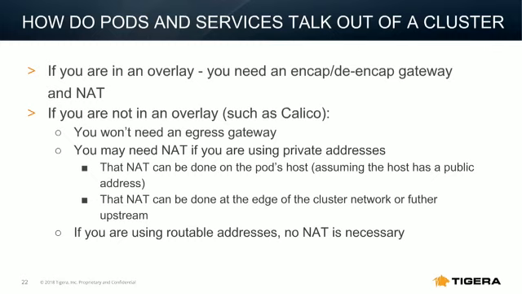And if you're doing NAT, you need to decide if you want to do that at the host layer, which is more scalable but means using more public addresses, i.e. a public address on every node, or at least a routable address on every host, or using a single public address at the border of your infrastructure. So that's how you get out, that's how you get in. So now we're actually doing something useful with the cluster that we've been building.